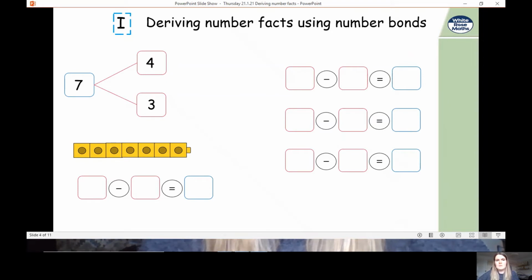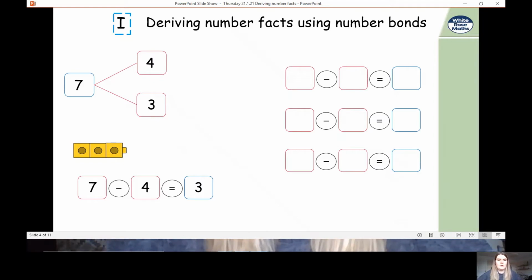Okay. Now the first thing that I'm going to do is I'm going to get my 7. I'm going to get 7 cubes and I'm going to subtract one of my number bonds from it. So if I subtract 4 from 7, my answer should be the missing part, which is 3.